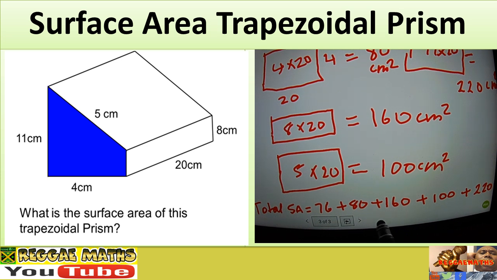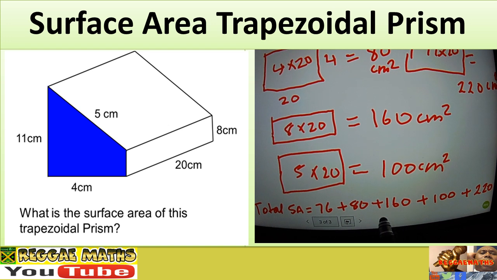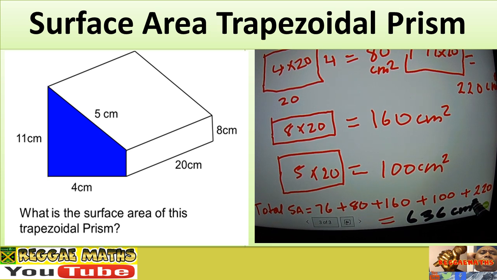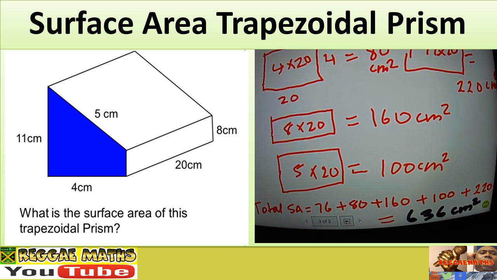So the total surface area is 636 centimeters squared. So you got two trapezium and four rectangles.